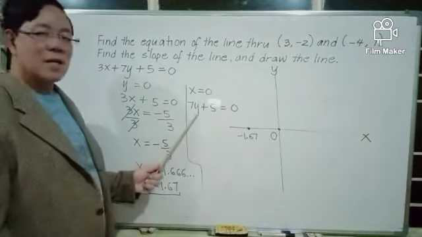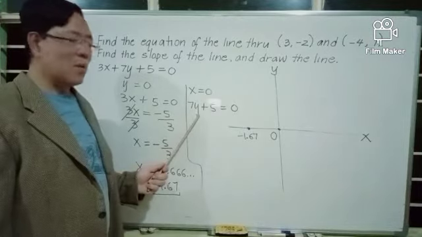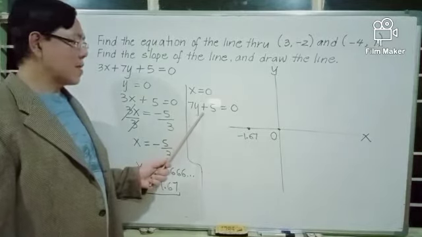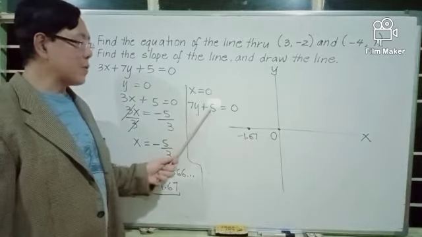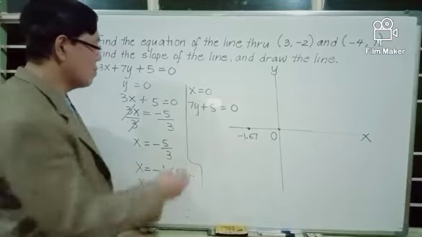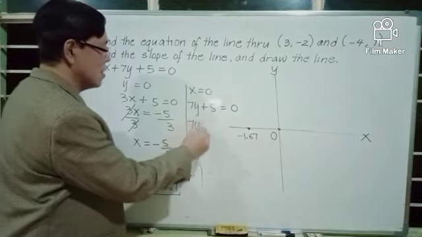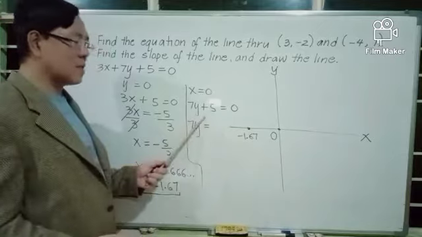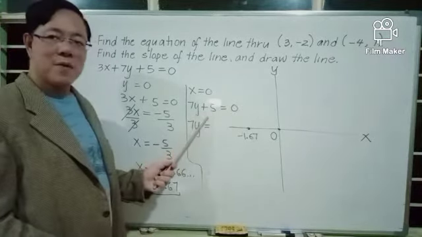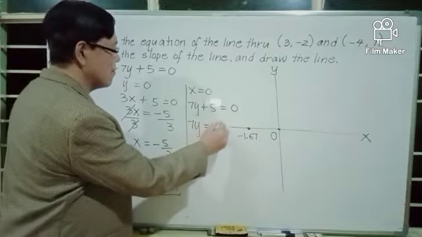Again, this is a linear equation in one variable y, from which we solve for y by transposing positive 5 to the right hand side. And we have 7y equals, transpose positive 5 to the right hand side, take the opposite sign of positive 5. We get negative 5.